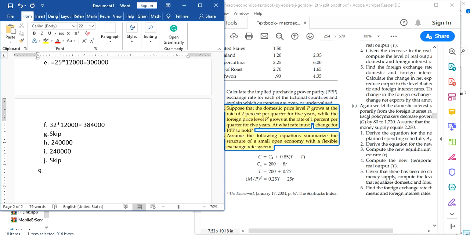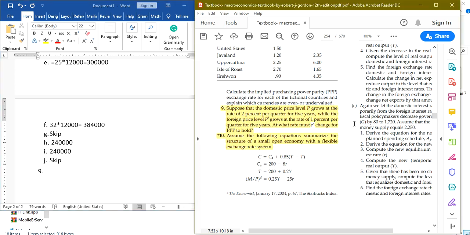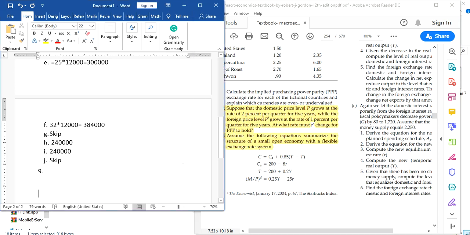At what rate must the nominal exchange rate change if the purchasing power parity holds?